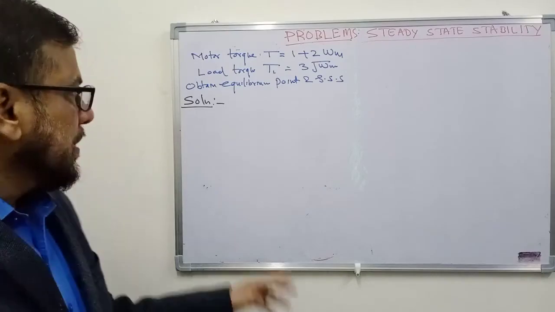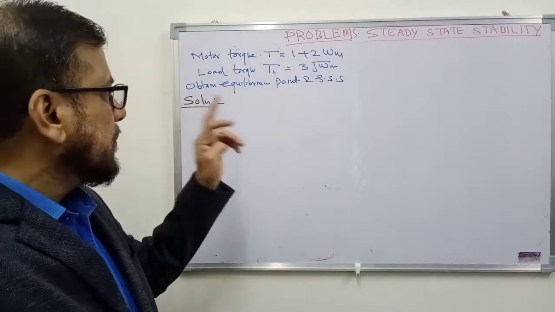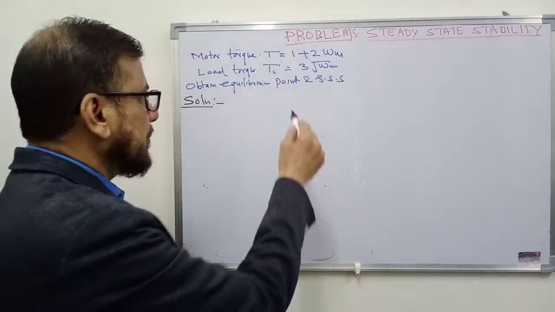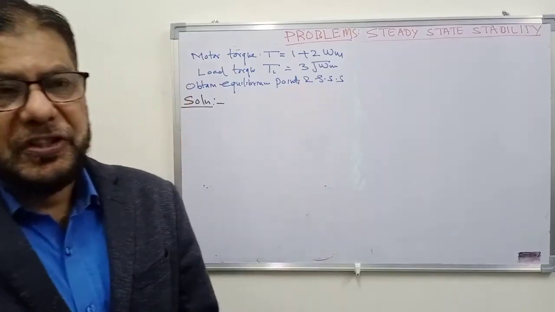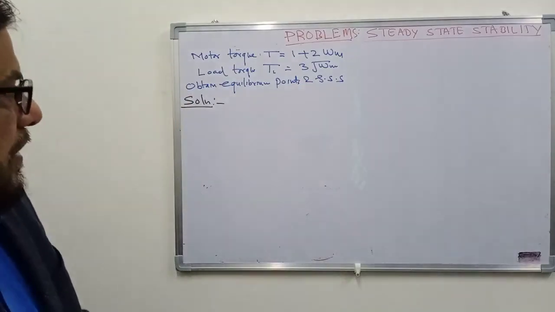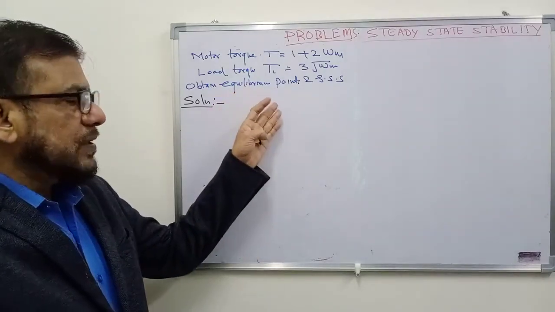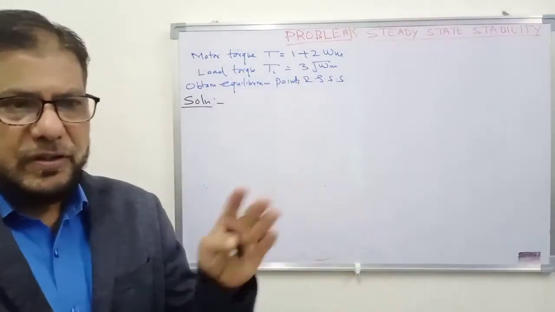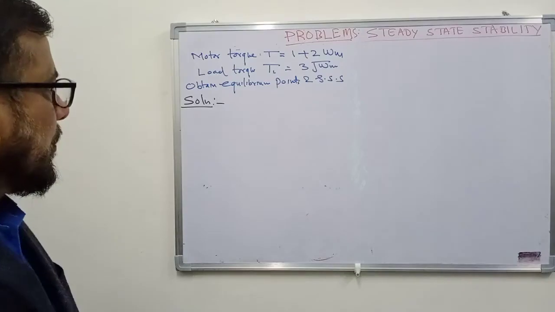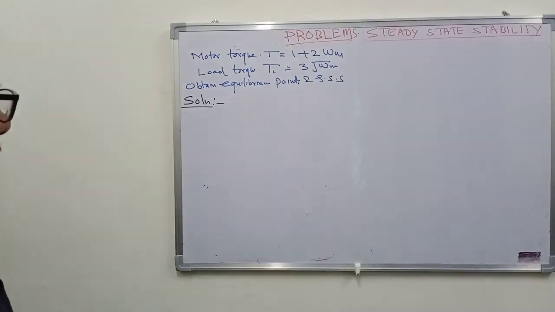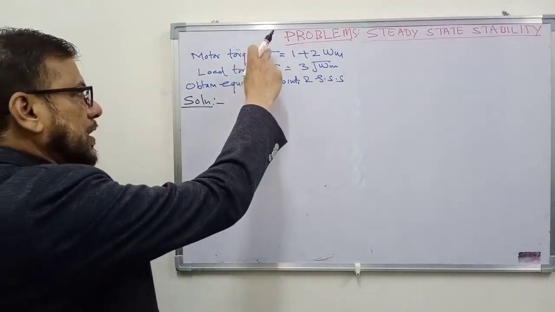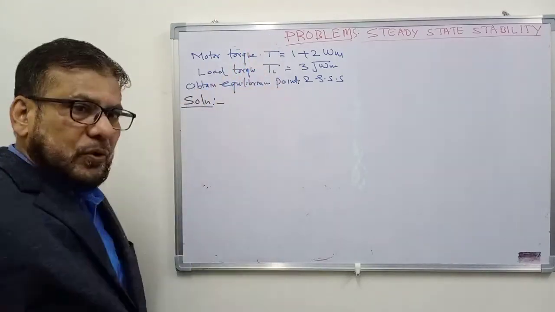You have to obtain the equilibrium point or points, and you have to determine the steady state stability, whether the points are stable points or unstable points. So as you know, for equilibrium points, the motor torque becomes equal to load torque.